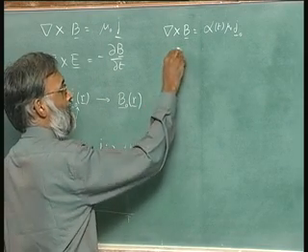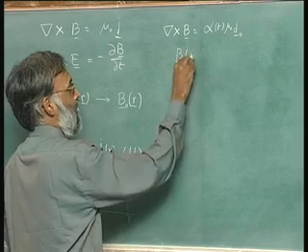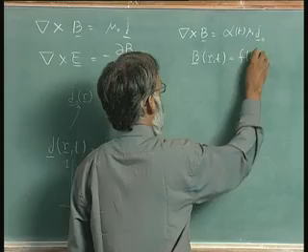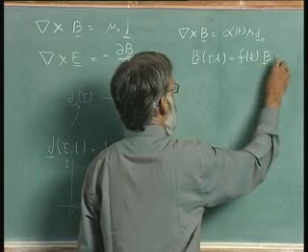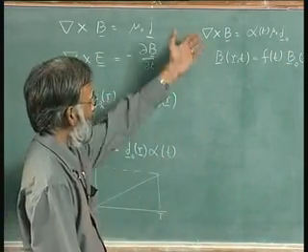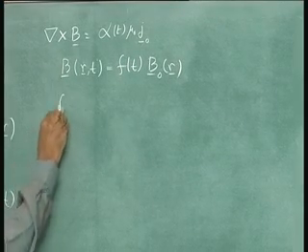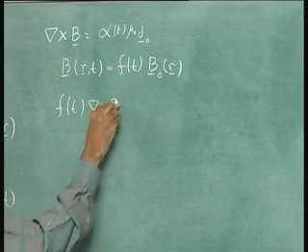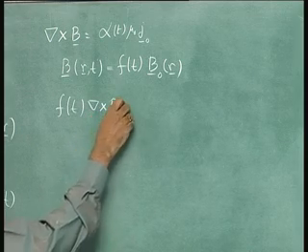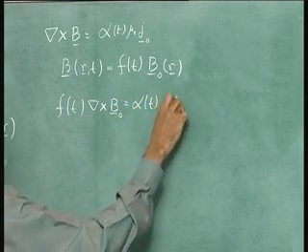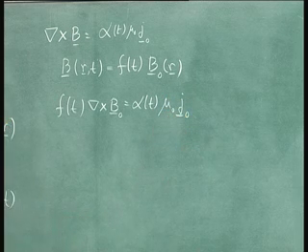I will guess that my B of R, t is some other function f of t times B naught of R. Substituting in there, what do I get? I get f of t curl of B naught is equal to alpha of t mu naught J naught.